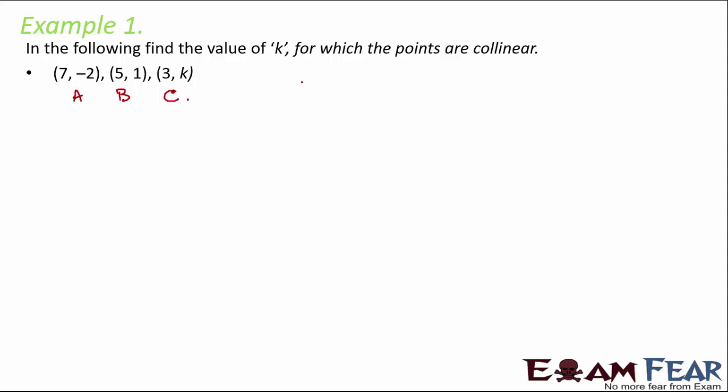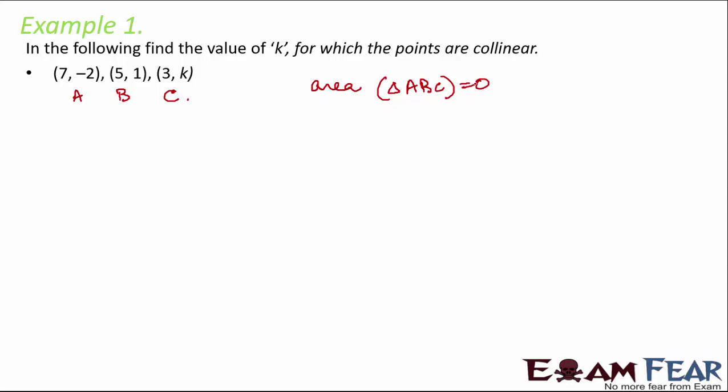That is possible when the area of triangle ABC is equal to 0. If the area is 0, it is not at all a triangle; all three points lie on a straight line. That is why the area of that triangle is 0.